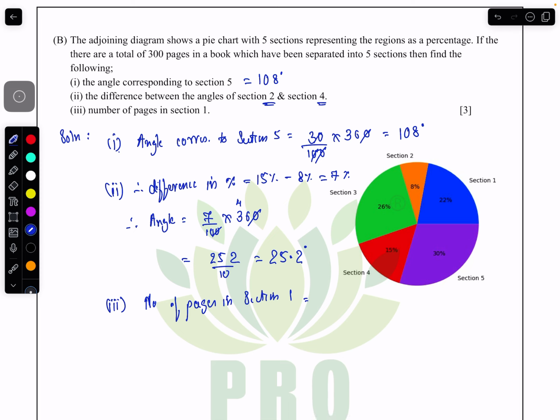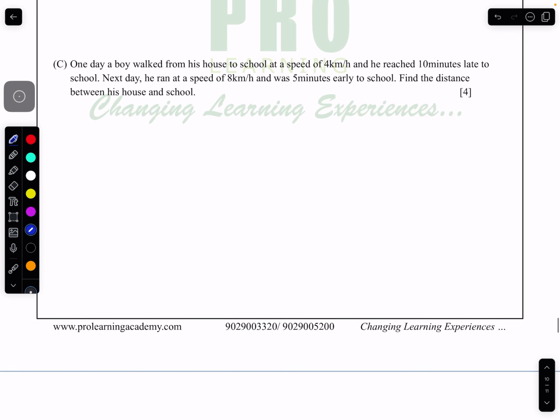Section 1 has got 22%, which is 22% of 300. So the two zeros can be eliminated here. 22 times 3 makes 66 pages in this section. That is taken care of, 66 pages.